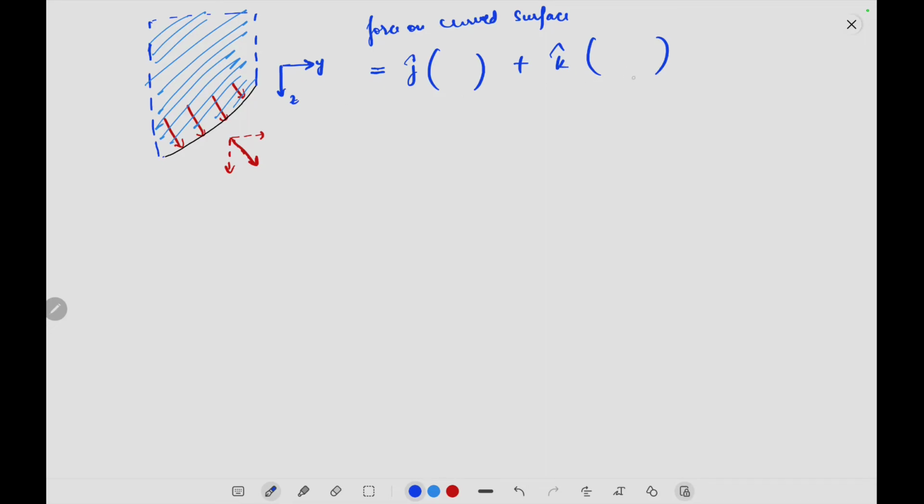And this is simply the weight of the fluid just above this curved surface.